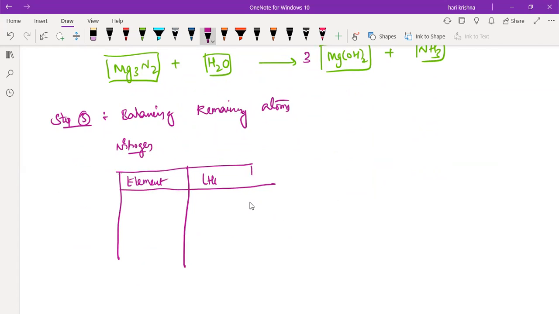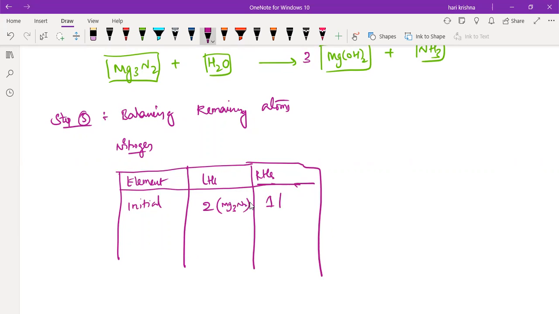LHS, next RHS. Now tell me the element. Initially, how many are there? LHS side 2, RHS side 1. The 2 in Mg3N2, this one in NH3. So again to balance, this is 2, this is 1 into 2. Understanding what I'm doing?